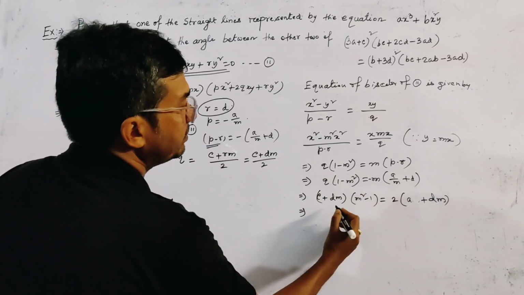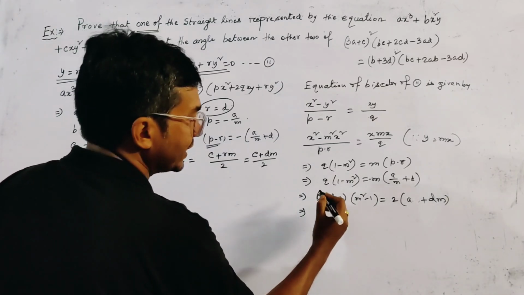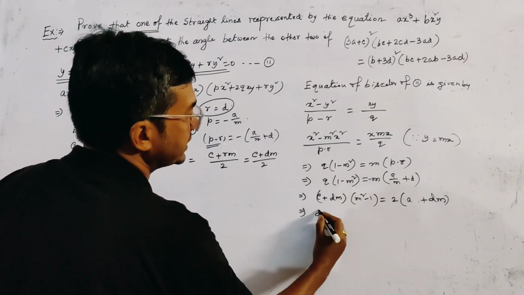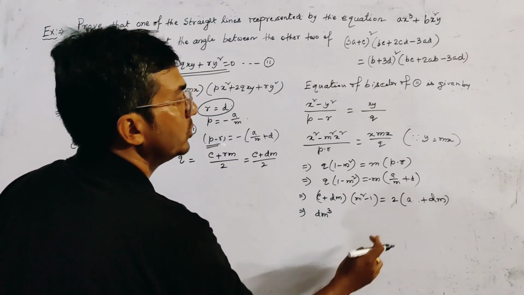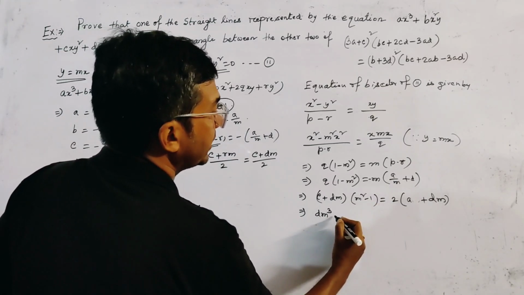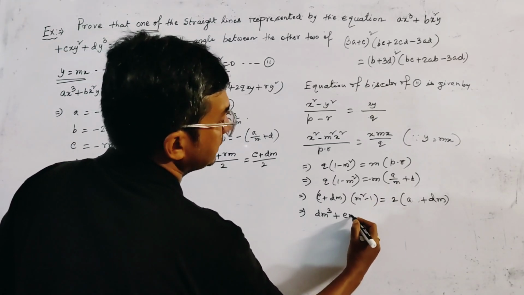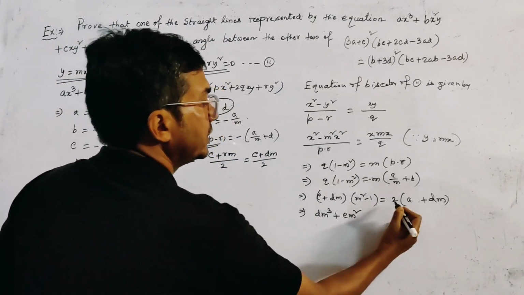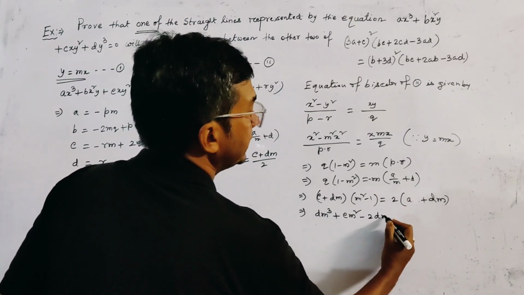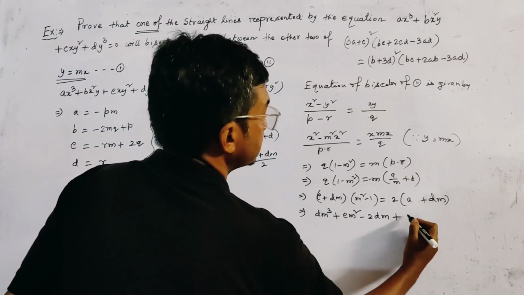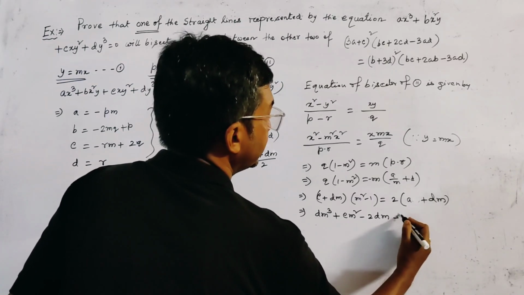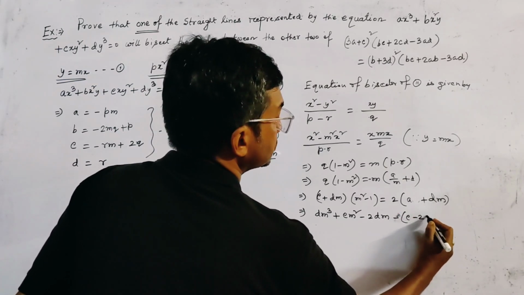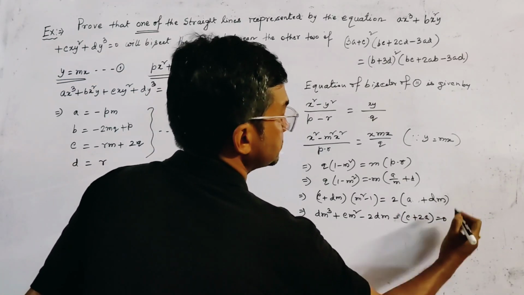And multiplying this, we get a cubic equation of m as d m cubed, and the second term is plus c m square. Third term is minus of c minus 2a. This is not minus, this is plus.